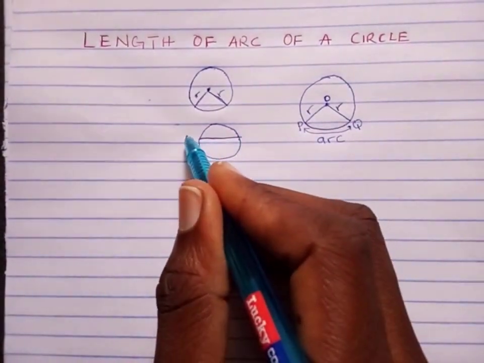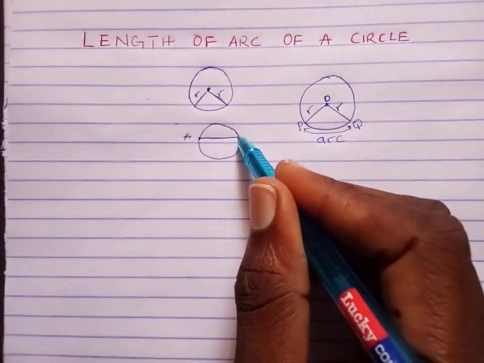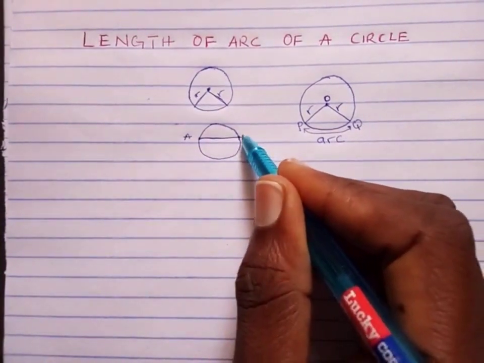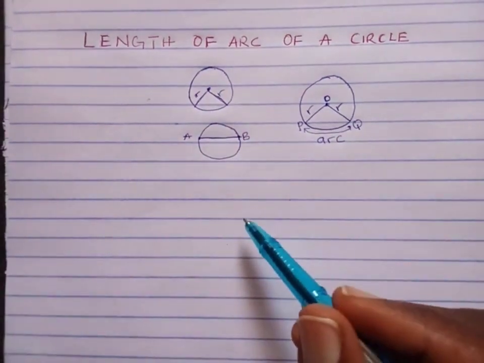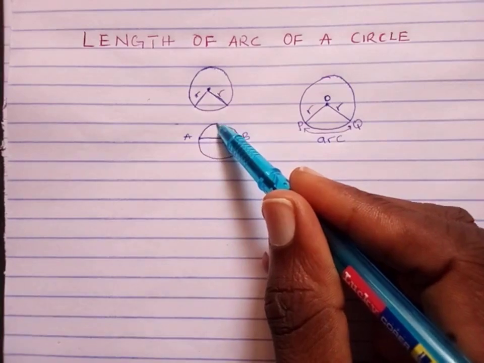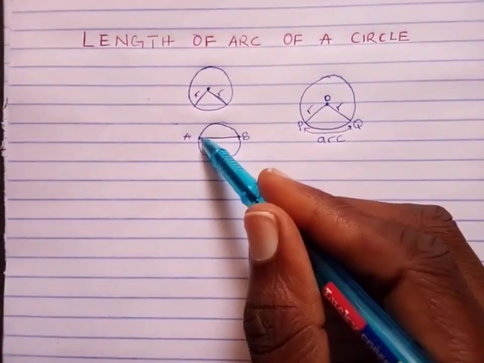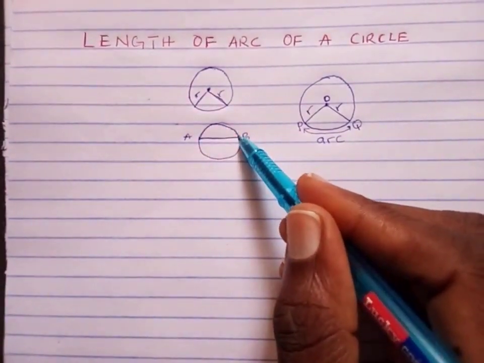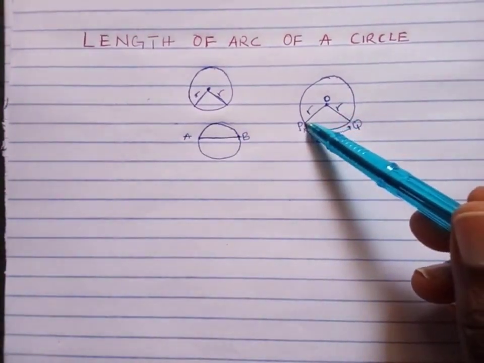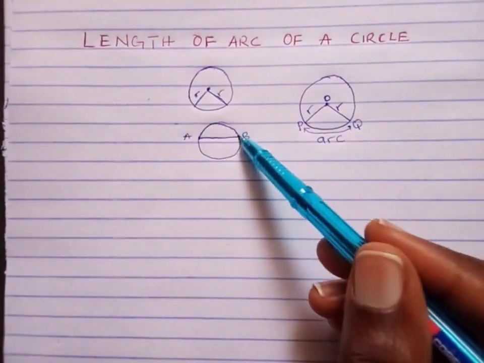Let's call this point A. And this very point where the chord touches the circumference, we call it B. Now, the arc of this circle is the distance from A to B. We call it the arc of the circle. So it is a portion of the circumference which is either cut out by two radii or cut out by a chord.